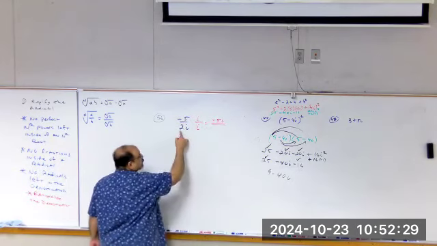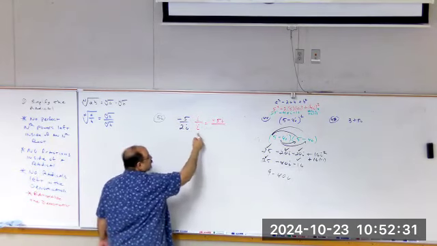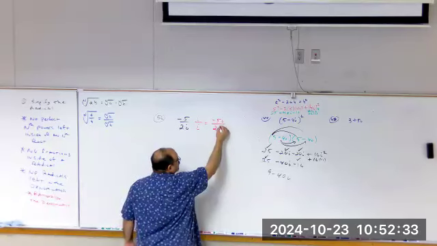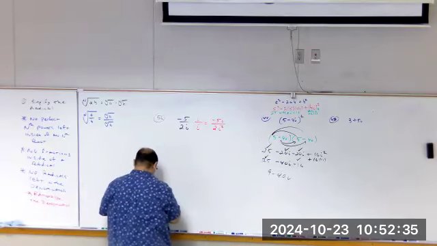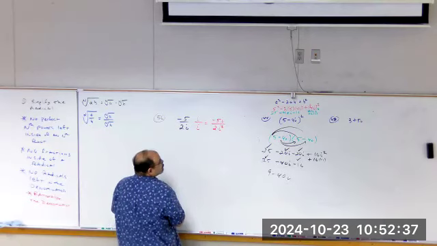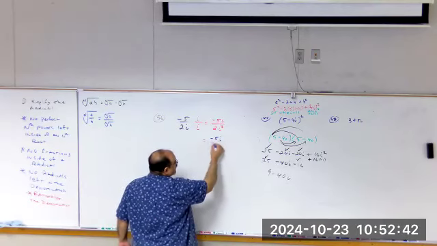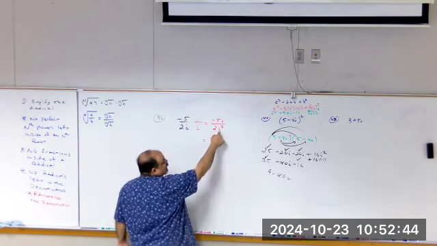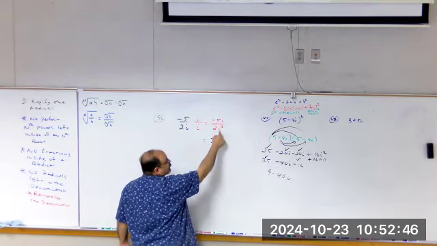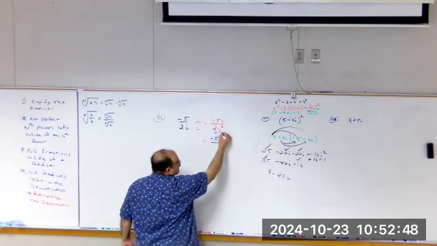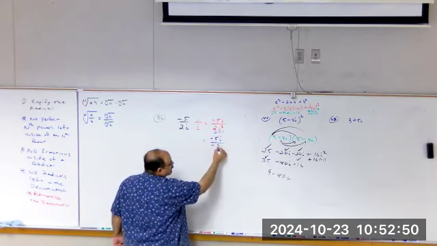In the denominator, I have 2 times i squared. So I have negative 5 times i. What's i squared? Negative 1. So that's 2 times negative 1. So down here I have negative 2.